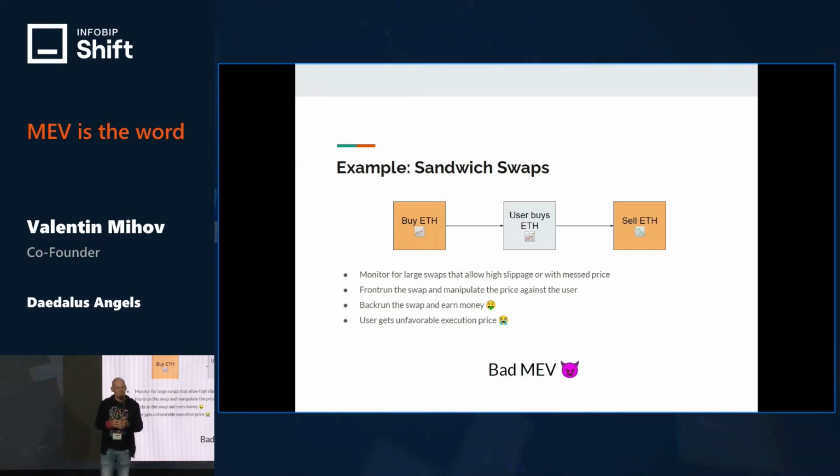So you basically exploit the user who didn't set his settings properly, and in this case, the money is coming out of a user that just doesn't know what is going on. So this is also something that's happening a lot, and you need to be careful when you do such kind of swaps to set your slippage right.